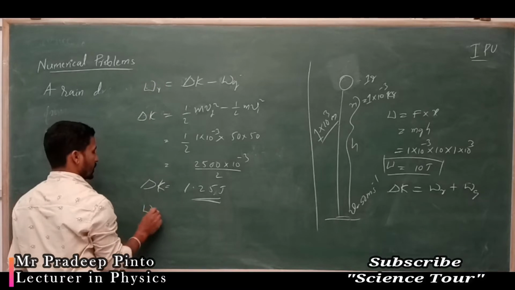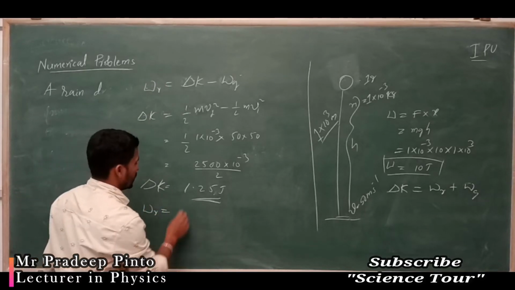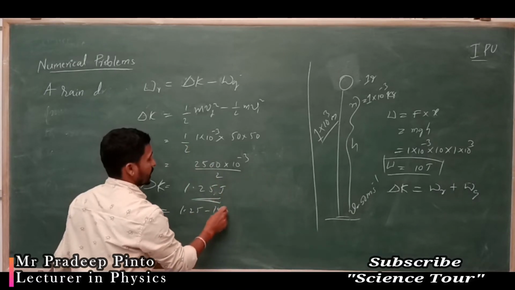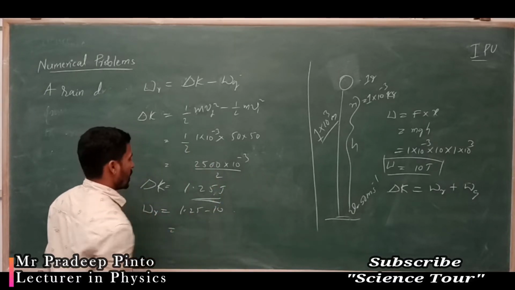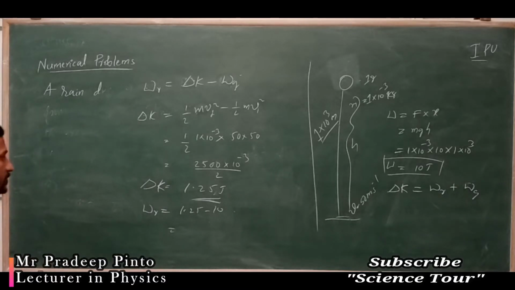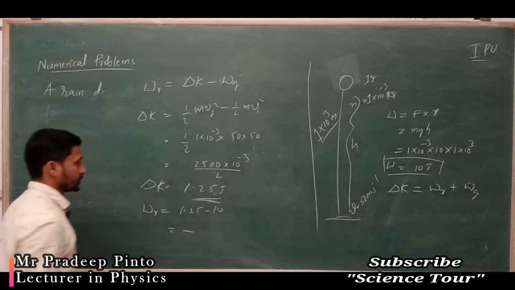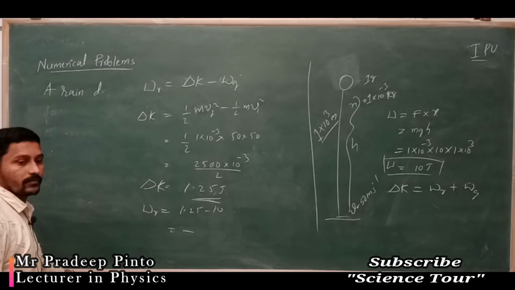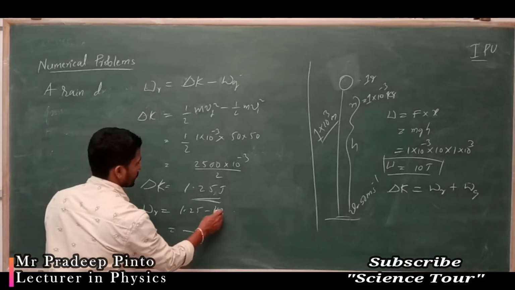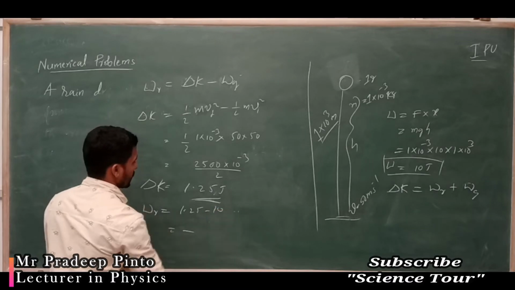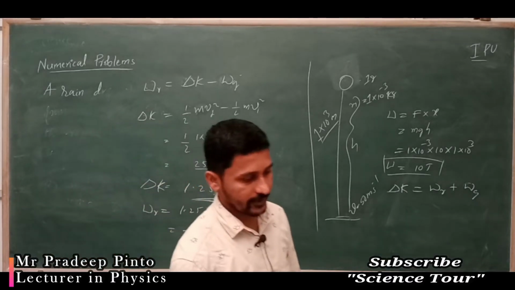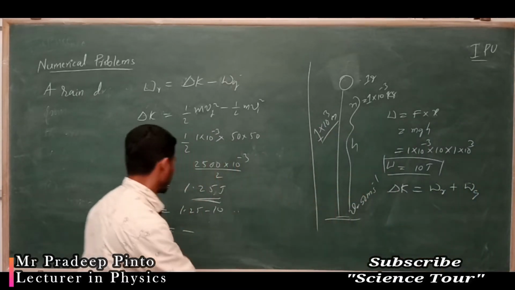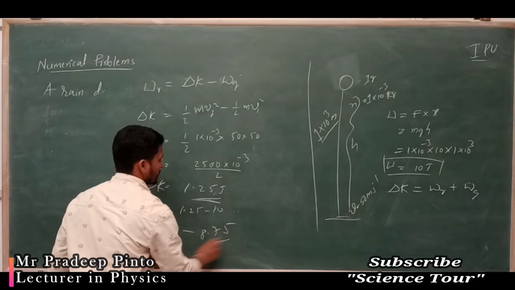Now the work done by the resistive force is equal to 1.25 minus 10. How much is it? 1.25 minus 10 is nothing but minus 8.75 joules.